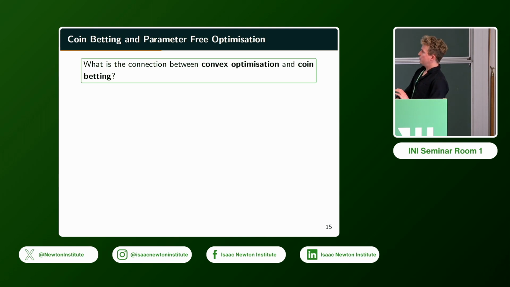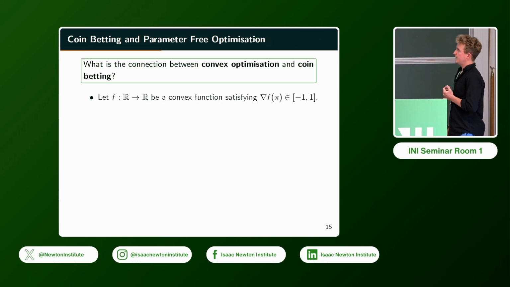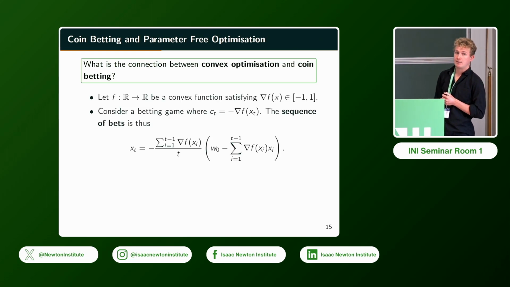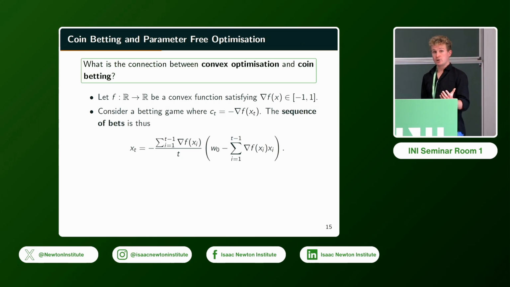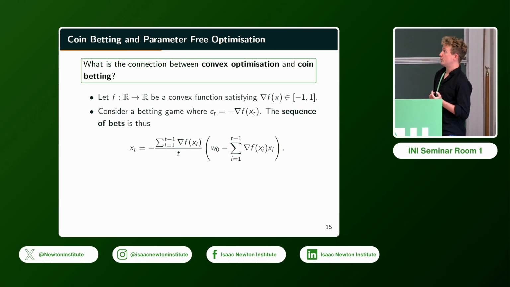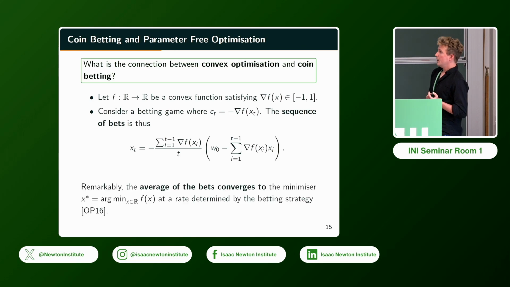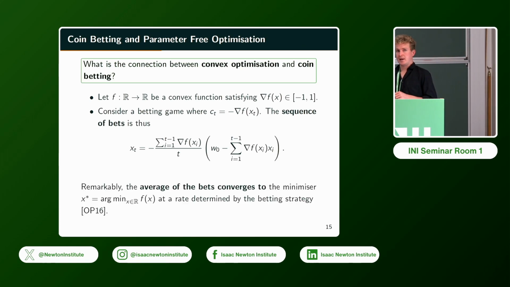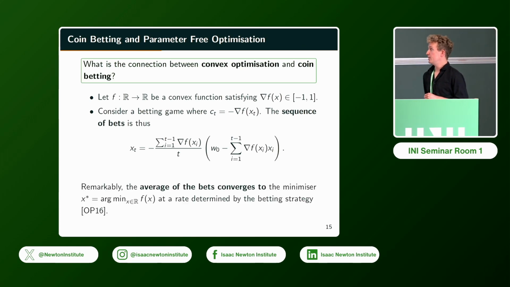Okay, so this is all well and good, but what's the connection between this strange betting paradigm and convex optimization? Well, it turns out that if you construct a betting game where the outcomes of this experiment, what we were previously thinking of as coin flips, are equal to the negative gradient of the function we want to optimize, you can show that the average of the bets converges to the minimizer at a rate determined by the betting strategy.